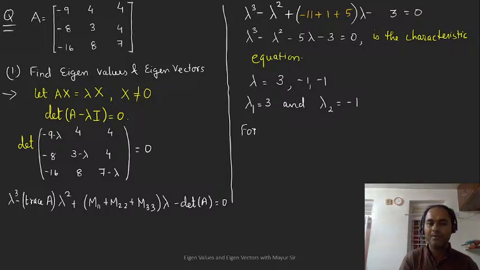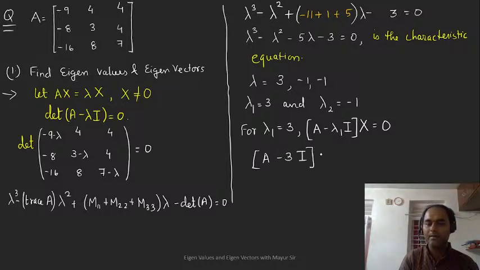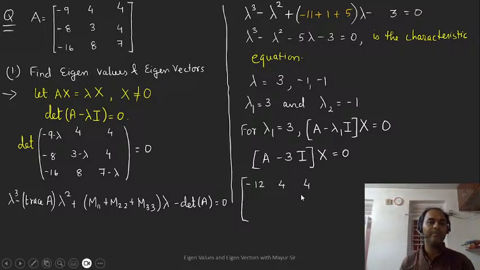For lambda 1 equal to 3 we will be using A minus lambda 1 I on capital X equals to 0. So you have A minus 3I, capital X equals to 0. So formulating the matrix, you get minus 12, 4, 4, right?